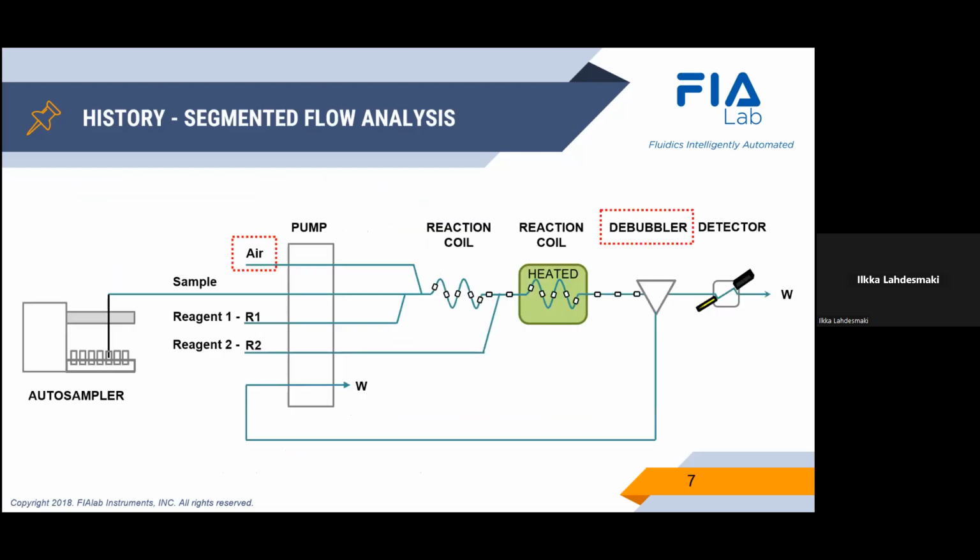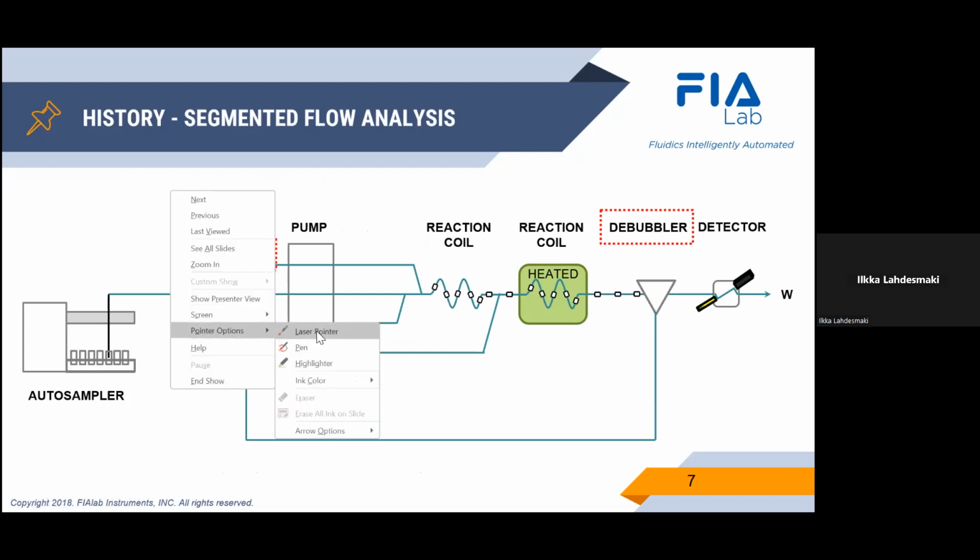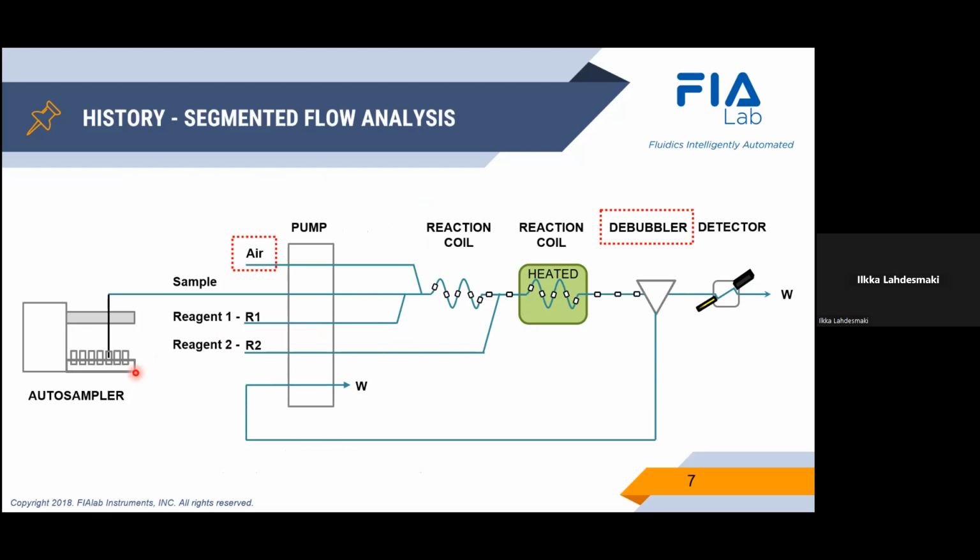Schematically, the instrument would look something like this, where, let me get a pointer here. You can see how we have an autosampler on the left, and the autosampler probe is connected to a pump line that's continuously drawing sample from whatever cup the sampler probe happens to be in.